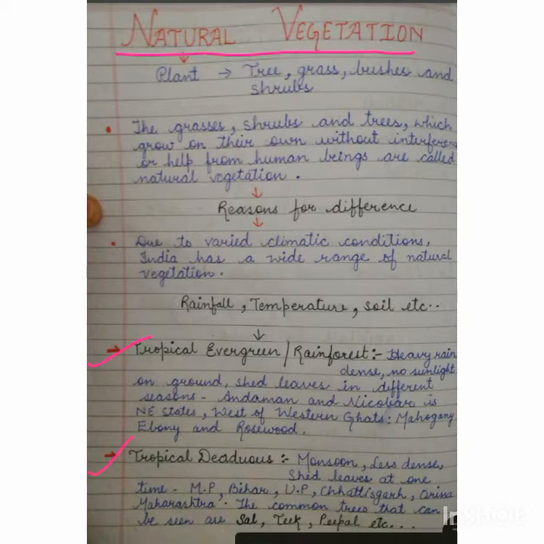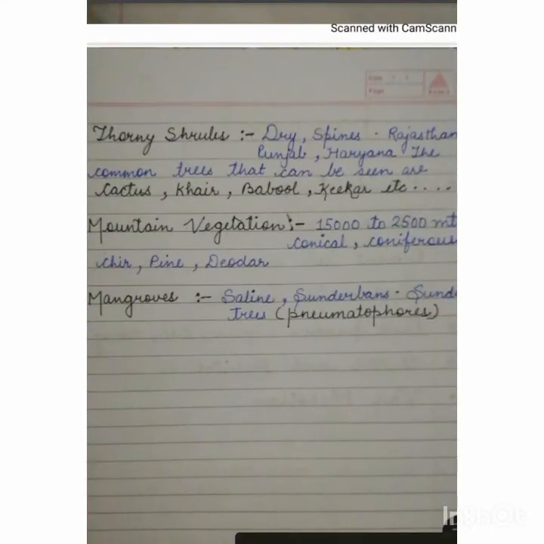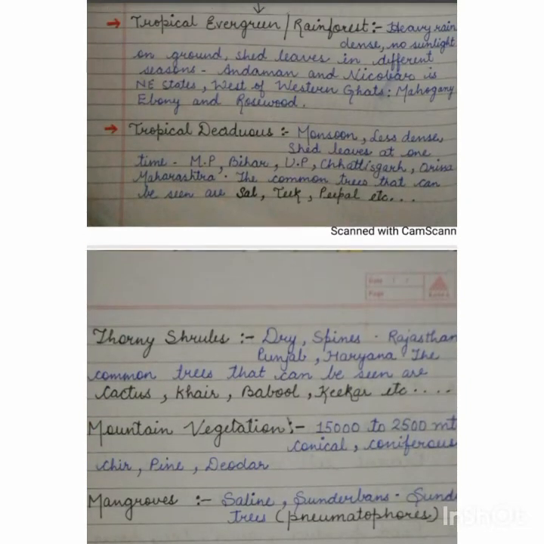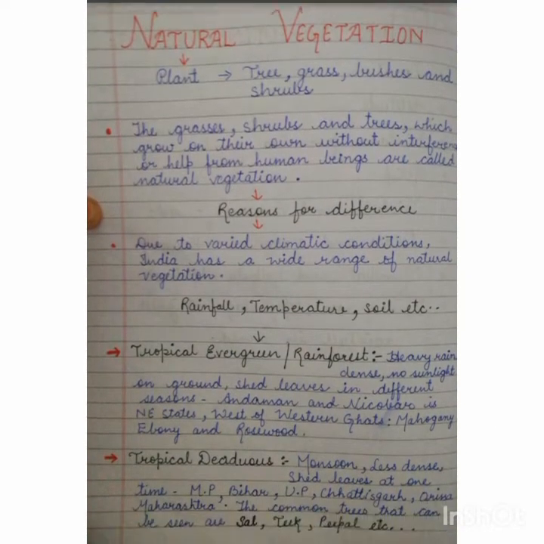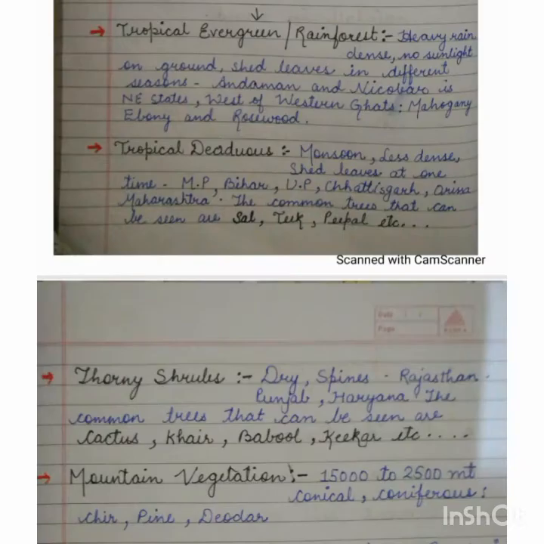Then you have tropical deciduous forest, then desert vegetation, then mountain vegetation, and at last mangrove vegetation. The natural vegetation of India ranges from tropical to Arctic region. There are almost 5,000 species of trees in India, of which nearly half are timber trees.